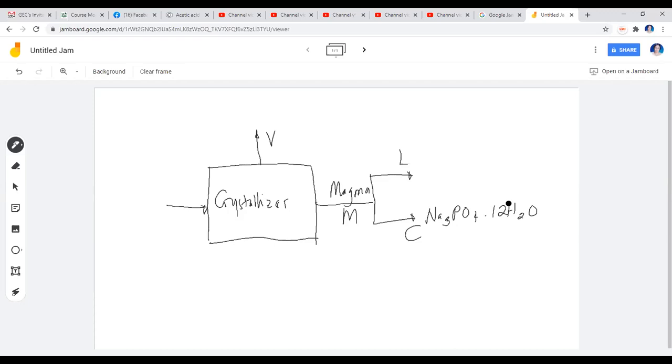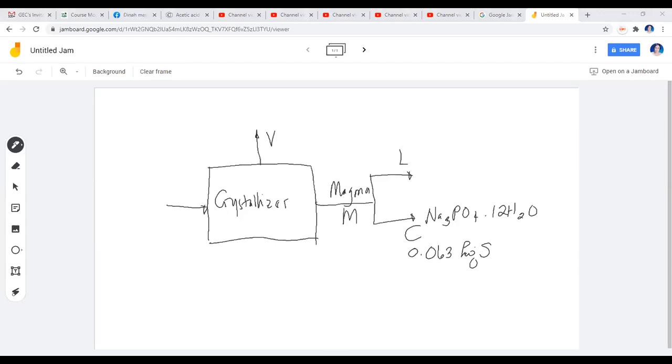That's our crystal. And it was mentioned in the problem that the rate of product production or removal is 0.063 kilograms per second. I like to read that part of the statement so that you will understand why it's reflected there.